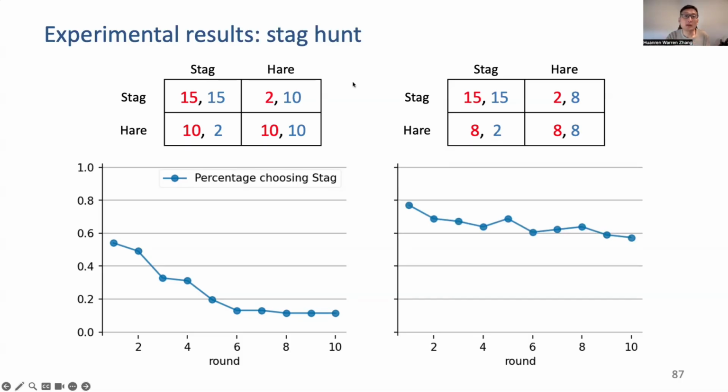All right. So here you can try to understand the risk of playing stag by calculating the expected payoffs. Suppose the other person chooses stag 50% of the time. Then the expected payoff of choosing stag is 7.5, right?